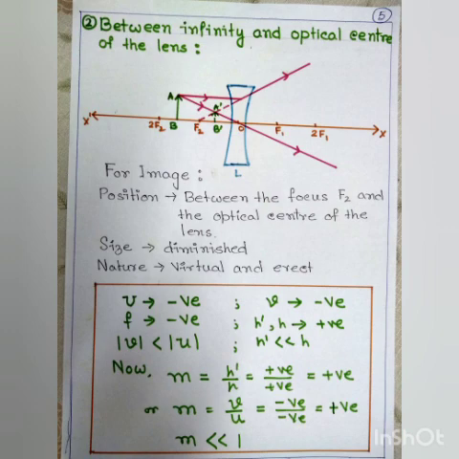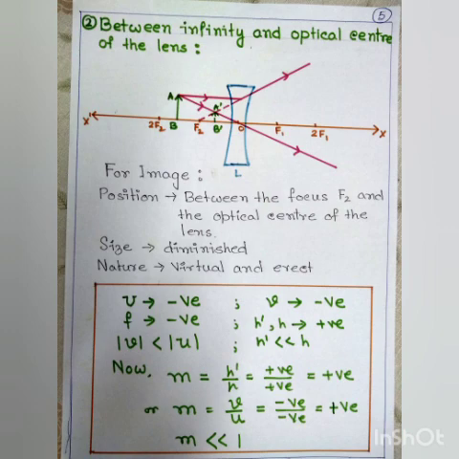Now we will consider the magnification for concave lens for this situation. As usual, the object distance u is negative, v is also negative here, and focal length of the concave lens is negative. Now see, height of the image and height of the object, that is h prime and h, both are positive here.